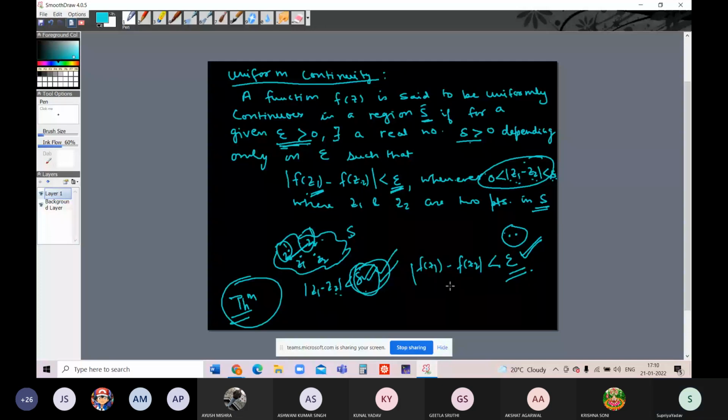It means that the property uniformly continuous implies continuity, but continuity doesn't imply uniform continuity. So अगर function uniformly continuous है तो it must be continuous. But if a function is continuous, it doesn't imply that it must be uniformly continuous.